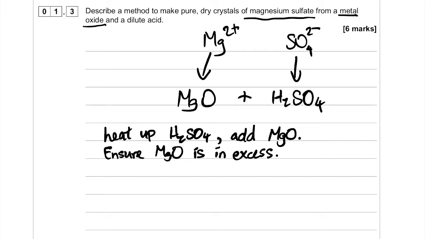Because magnesium oxide is a solid, you can tell it is in excess when you've heated up the solution to boiling point, but there is still solid in the solution. So when you get to that point, you want to do a gravity filtration.